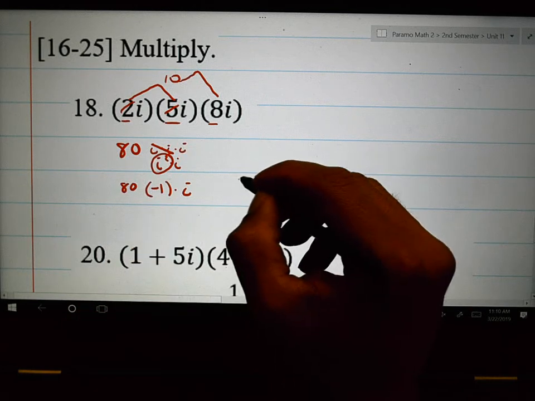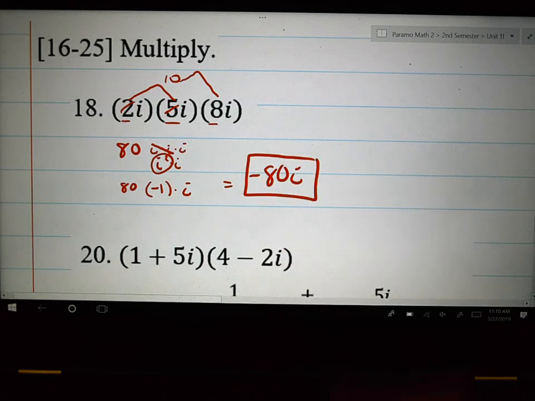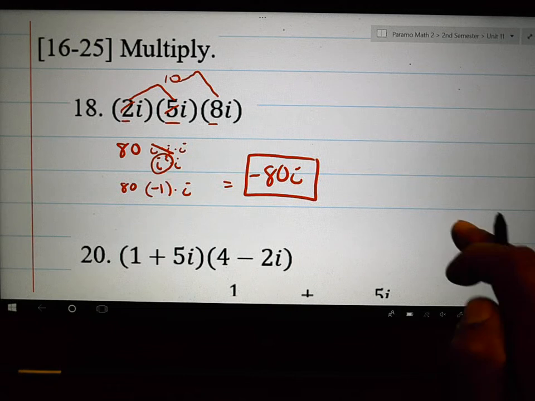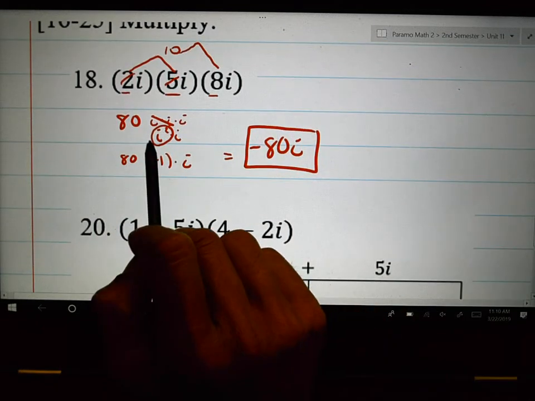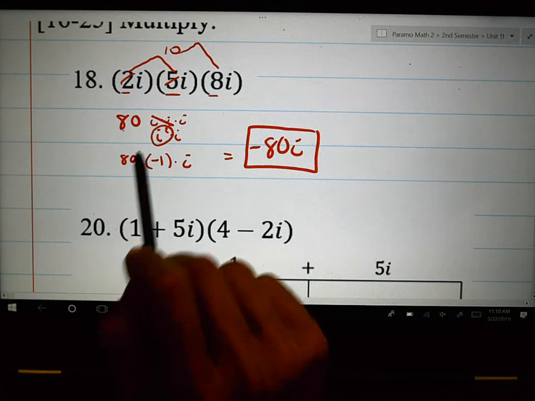So my final answer would be negative 80i. What I like about i squared is that it just changes the sign of whatever it multiplies by.